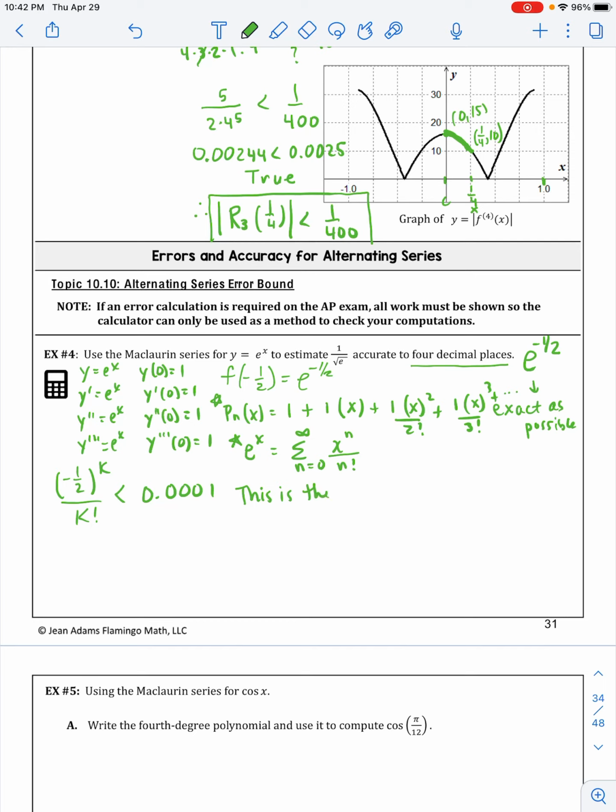That's going to be our error, and so we want that to be less than 0.0001.